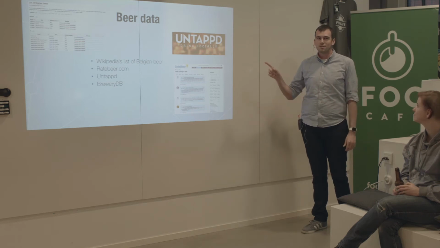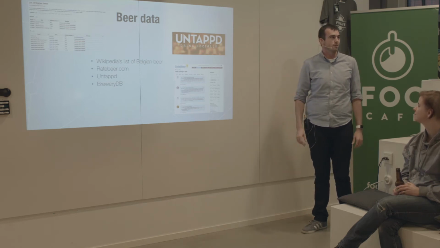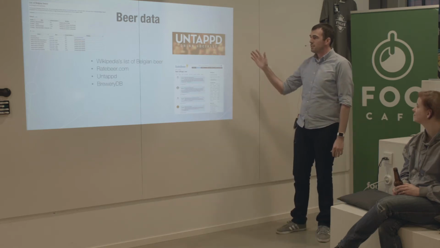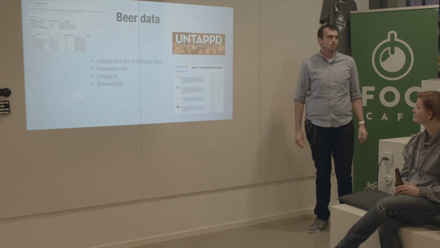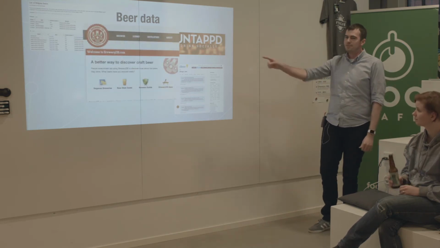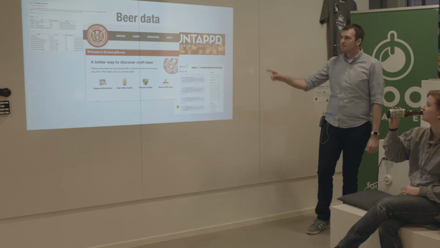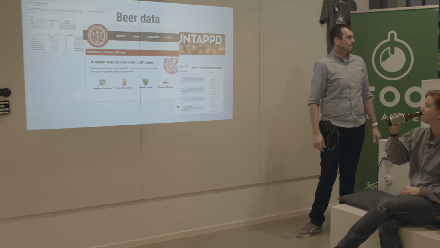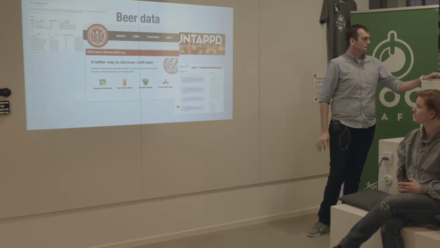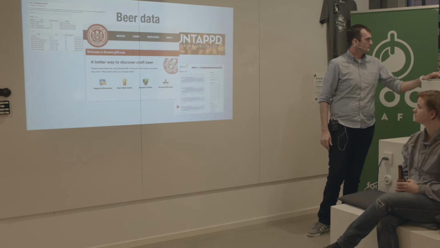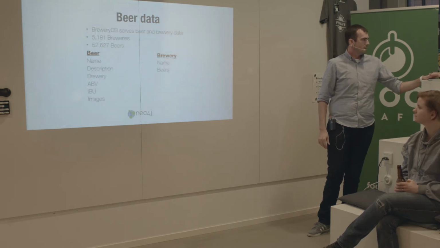I actually got one, but not in time to use it, because they have more complex data, and Untappd is a bit difficult to get access to. So the number one choice is brewerydb.com. This website is awesome because you get tons of beer data, and it comes with a really easy to use API. They're really cool guys, so you should use them.